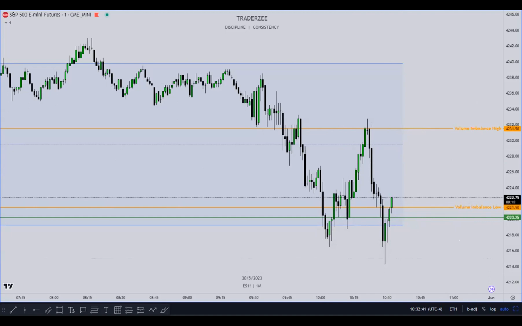I think now is the time for dollar to go to the sell side. That means rallying in equities. SMT on 1 minute. Yes.